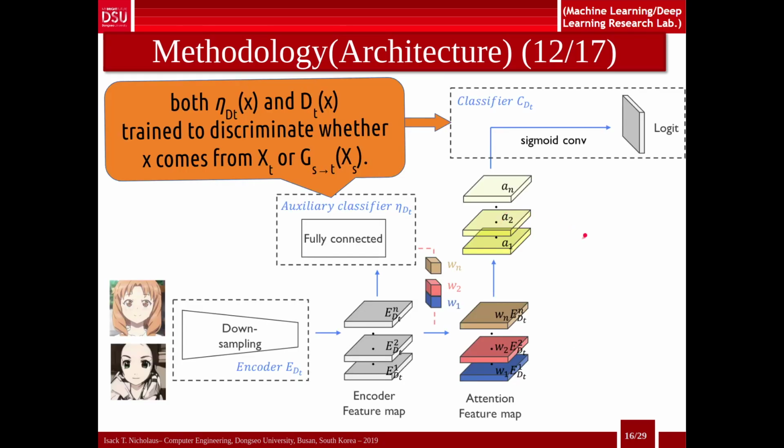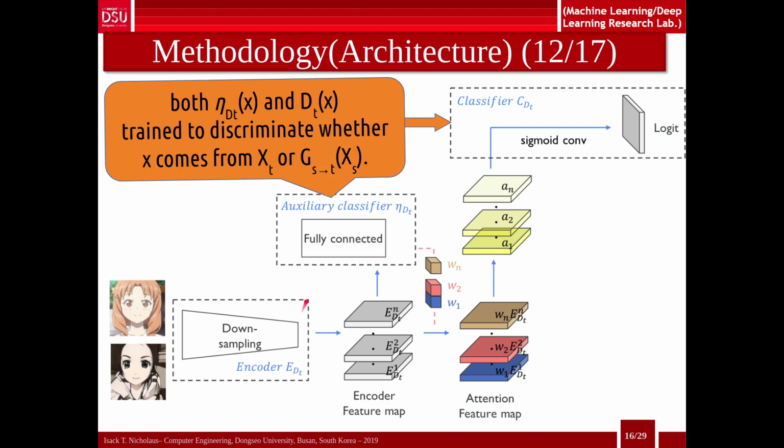So let's move to the second part of our network, which is the discriminator. The discriminator follows almost the same structure. We have a downsampling encoder, an auxiliary classifier, and also a discriminator or classifier. During downsampling, it performs the same dimensionality reduction.